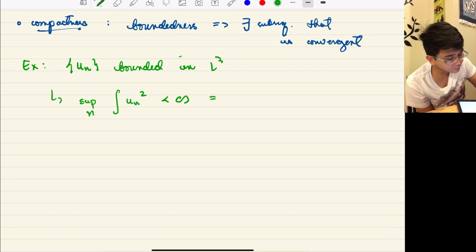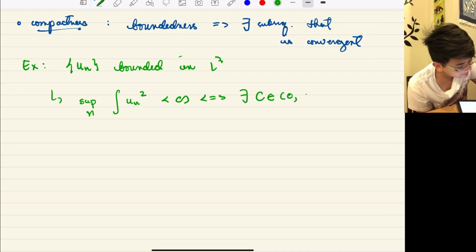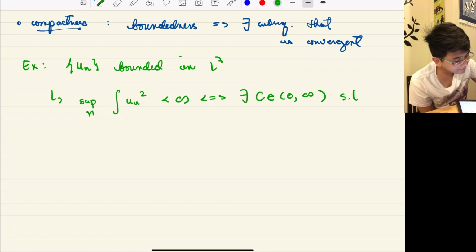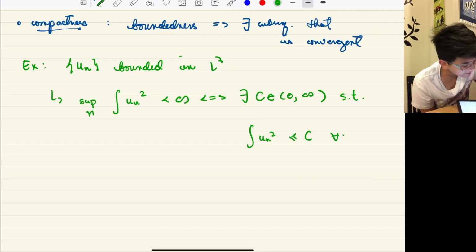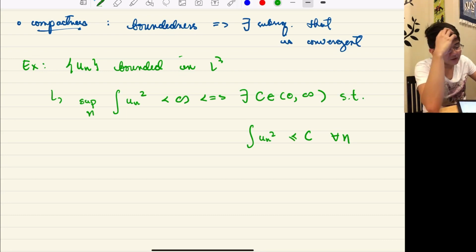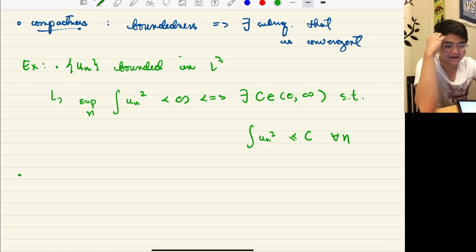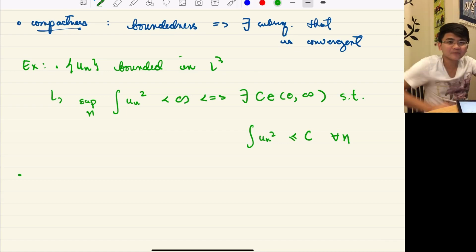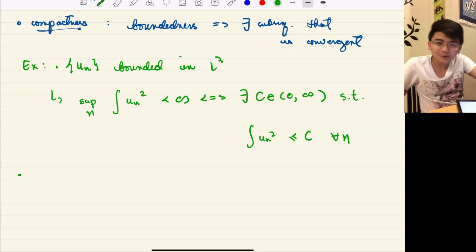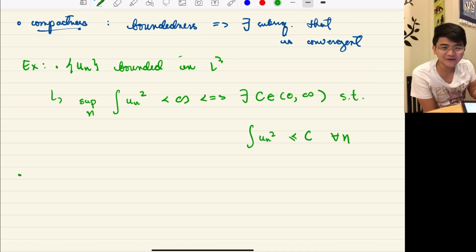Or put in a different way, there is some positive finite constant c such that the integral of un squared is less than or equal to c for every n. That is what we mean when we say bounded in L2. So from functional analysis, by the Banach-Alaoglu theorem, I'm afraid I'm going to butcher the name. Okay, I'm just going to write it down. I think it's that, or a corollary of that or something.